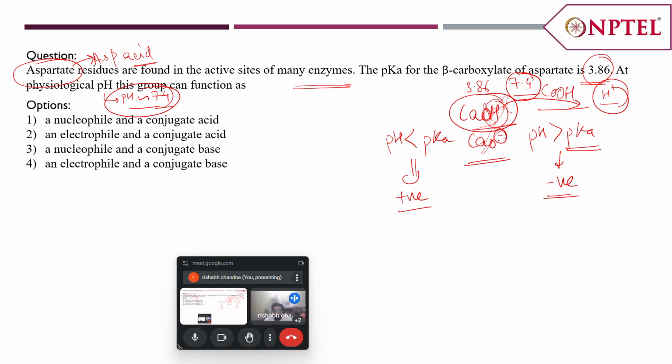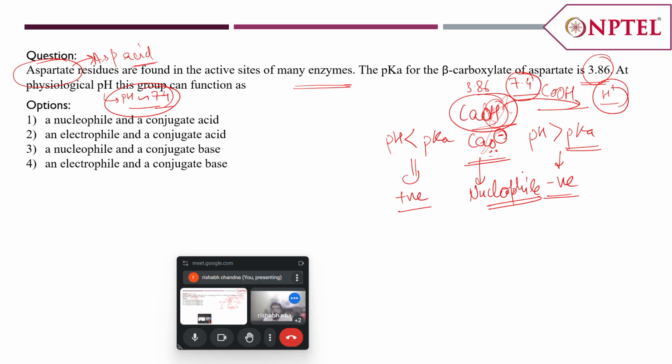If a moiety is negatively charged, that means it has more electrons to share, so it will be in search of ions that have electron deficiency. So it can act as a nucleophile. Nucleophiles are electron rich species that can donate electrons very easily.